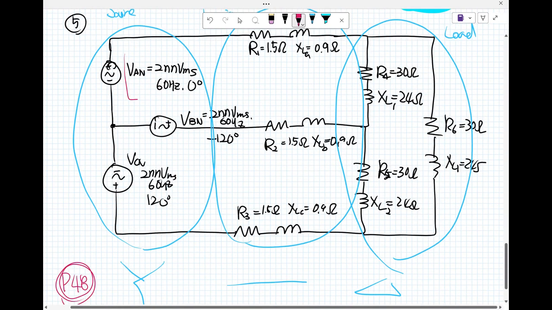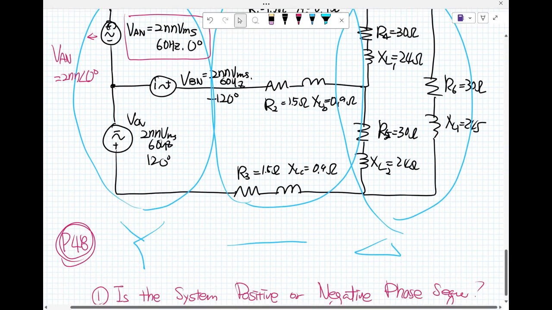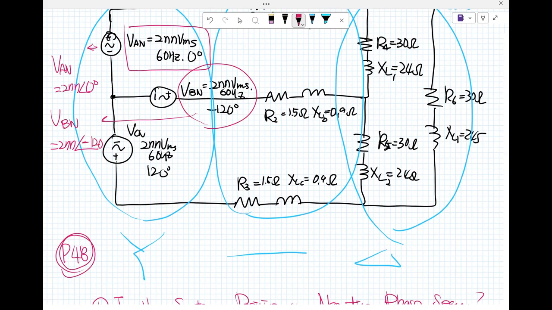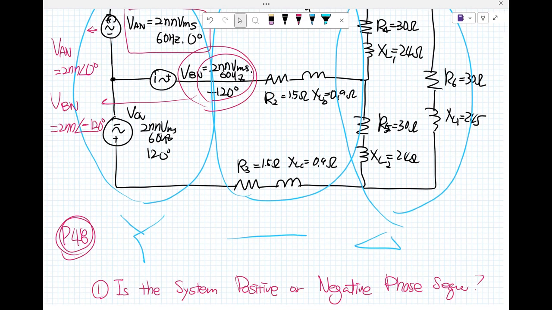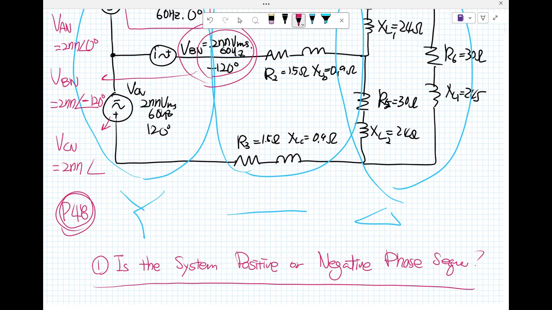From these questions, you can go back to the circuit. V sub AN is what? 277 at 0, right? And V sub BN is 277 V sub RMS at minus 120 from the question. And how about V sub CN, at 120.